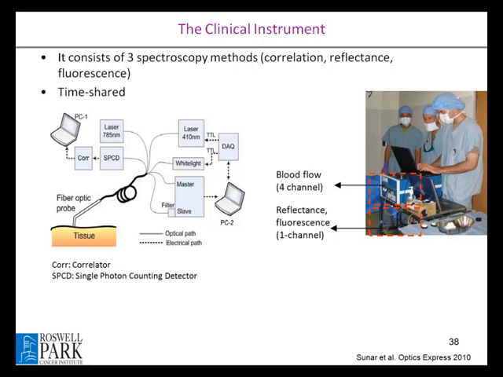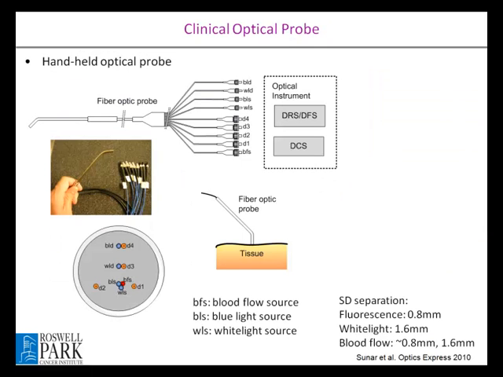Then for the probe, coming to your question about the source detector separations, we have this 45 degree design, which we find very useful, and it should also be changeable. That is for good contact.